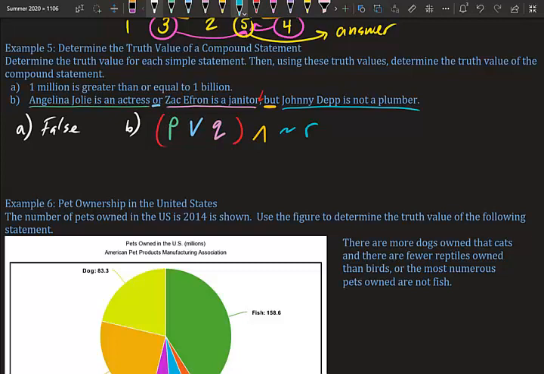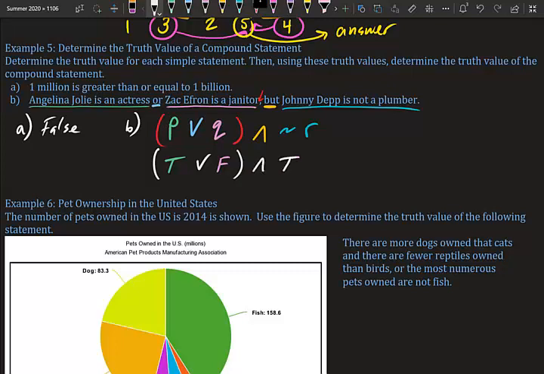So let's determine, is Angelina Jolie an actress? Absolutely she is. So that's a true statement. Is Zac Efron a janitor? Not to our knowledge, right? He's an actor. I don't know his life, he could be a janitor, but for this case, he's not. And then Johnny Depp is not a plumber. That is a true statement. I don't care that it's negated.